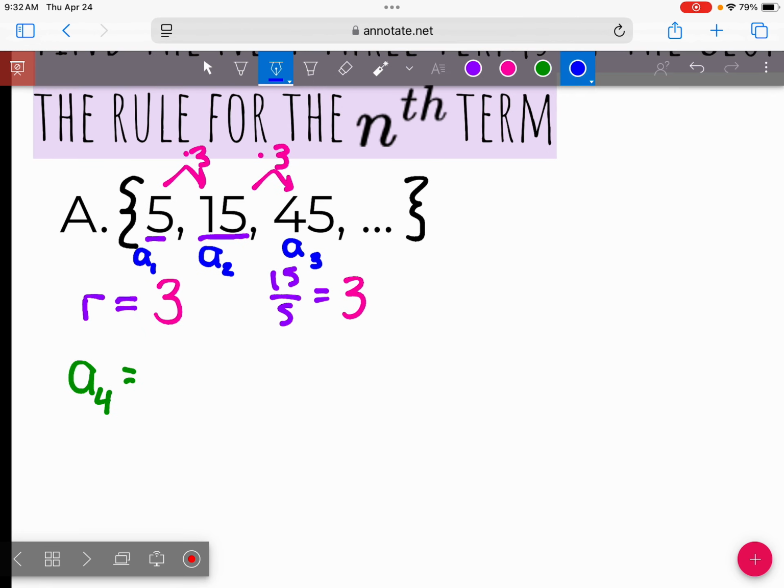We're going to take our third term, 45. So our a sub k, our k is 3, and we can multiply it by our common ratio, 3. And that's going to give us our a sub k plus 1, so our next term. So what is 45 times 3? 135. So our a sub 4 is 135.